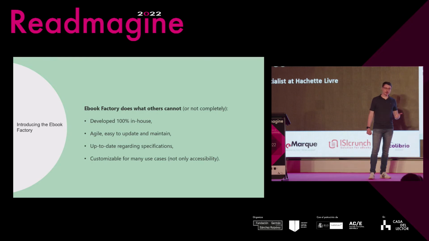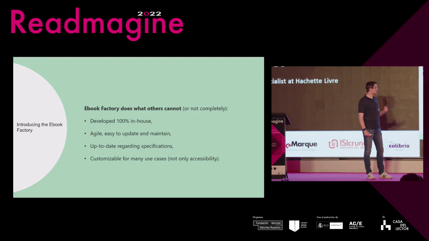It's an agile project, so if there's evolution, for example, about accessibility summary, we can update the framework and we can be ready for any guidelines, any news about accessibility summary. It's easy to update and easy to maintain. I can talk about it technically, but trust me, it's easy to update and maintain.